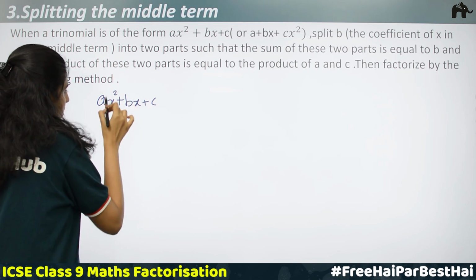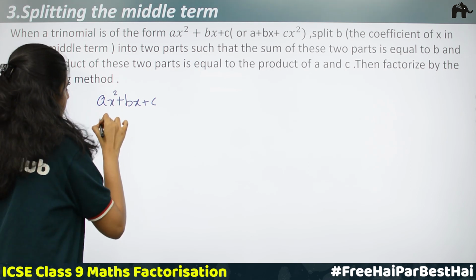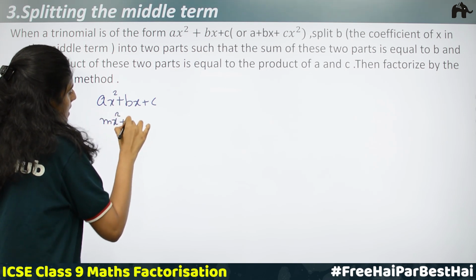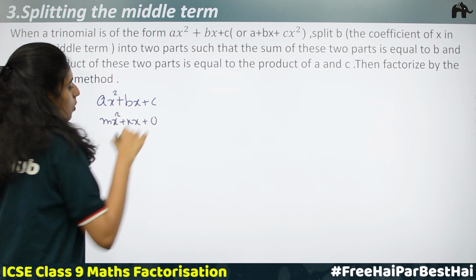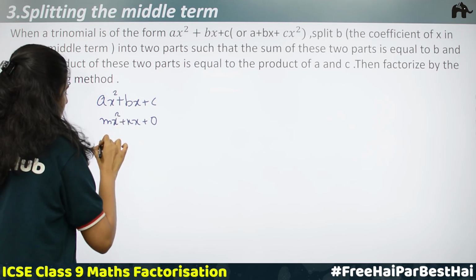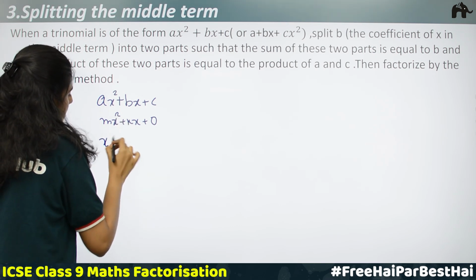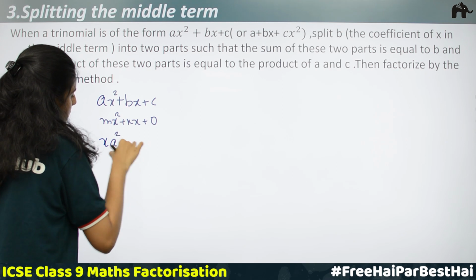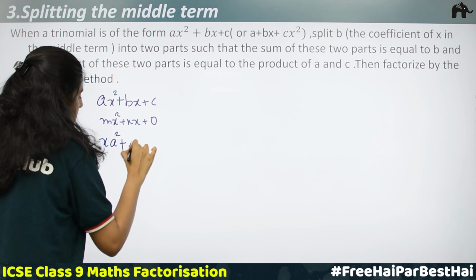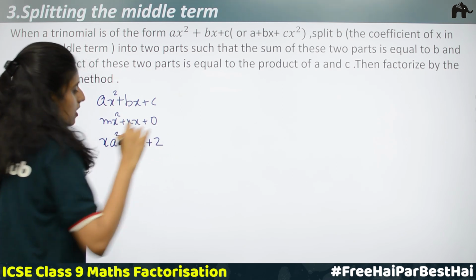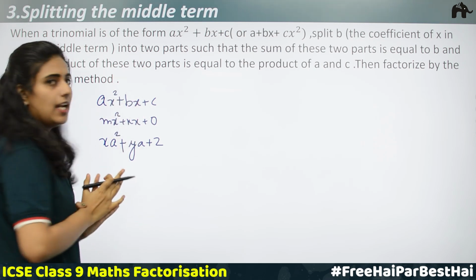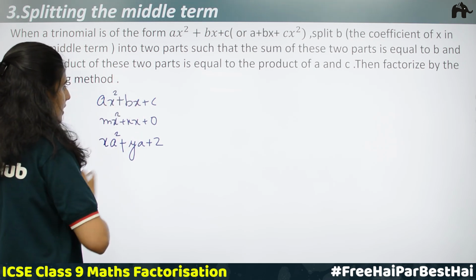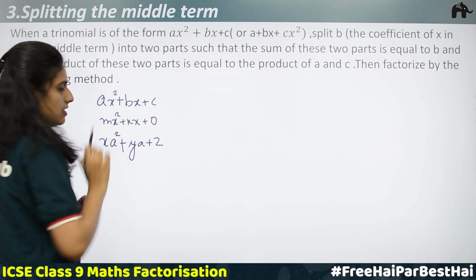Or the same expression you can write as mx square plus nx plus o, or it can be xa square plus ya plus z. All these are trinomial expressions. There will be a square containing term, x and a constant term.